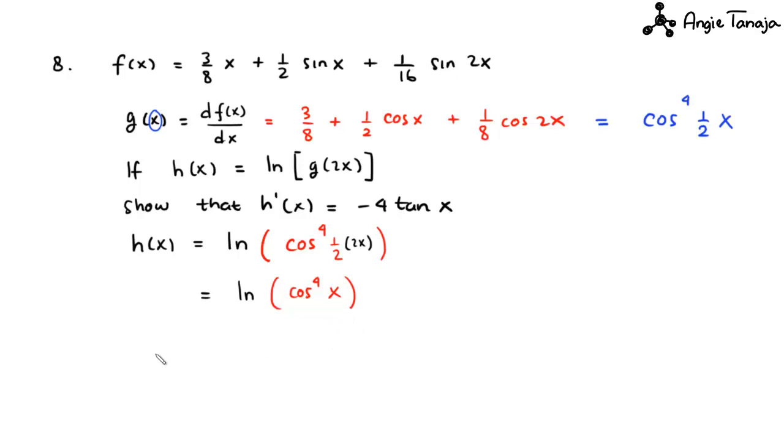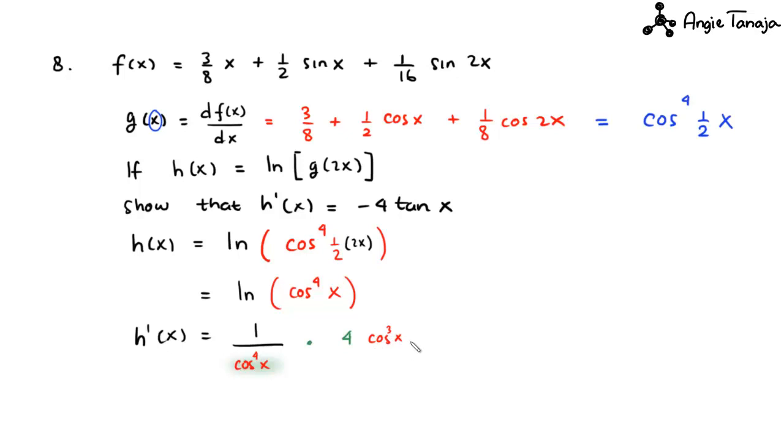So then the h prime will be just simply 1 over something. The something is just cos. Let me write it just like this, yeah. Times with the derivative of the green one. The derivative of the green one is 4 times cos 3x, right?